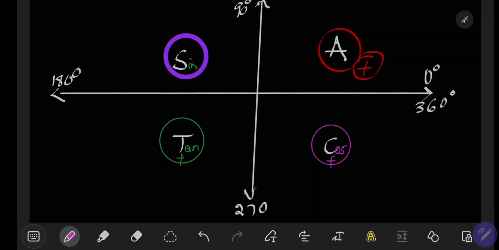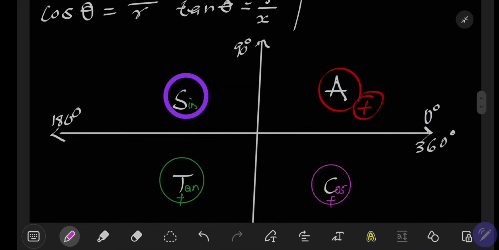How do we really reduce when we have our CAST diagram? In this first quadrant, between 0 degrees and 90 degrees, we are going to have something like this. We have our reference angle there as theta.